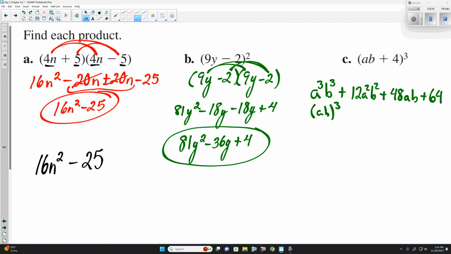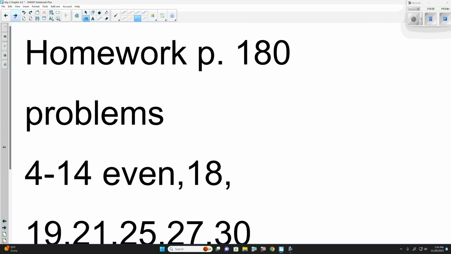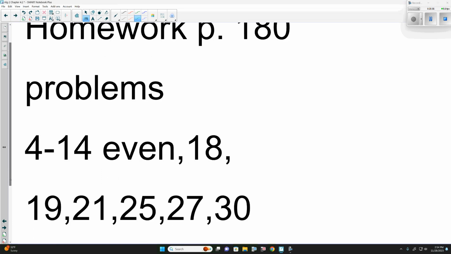Yeah, we would apply it to both. If it is, I would just multiply it out one at a time. Just AB times AB. A times A is A squared. B times B is B squared.